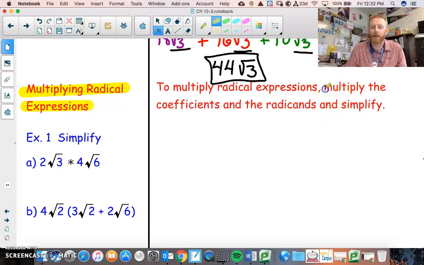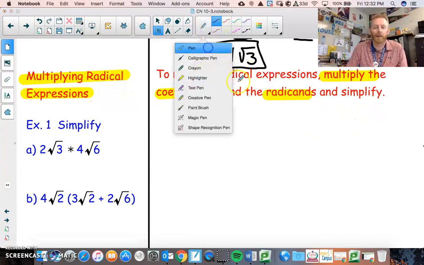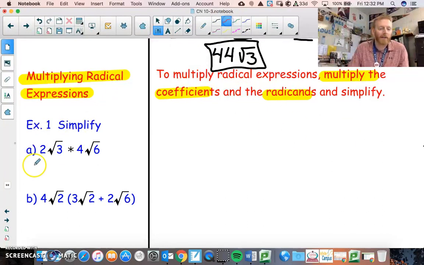So you're going to multiply the coefficients together and then the radicands, which is the stuff underneath the square root sign, together. So what that means, if you don't understand my math lingo, is that this 2 gets multiplied with this 4, and that this root 3 gets multiplied with this root 6. So it's kind of like we're distributing in a sense, but also just multiplying the things that go together.